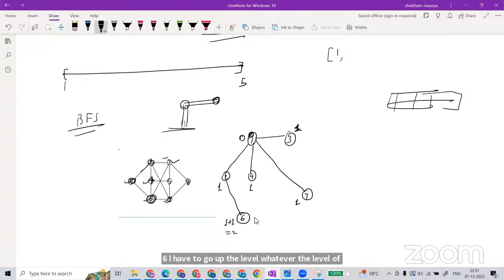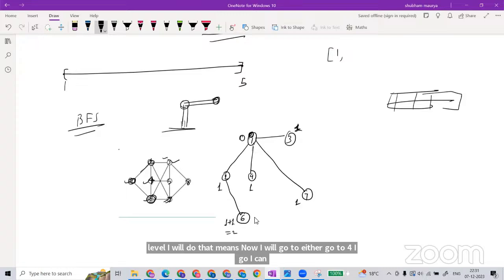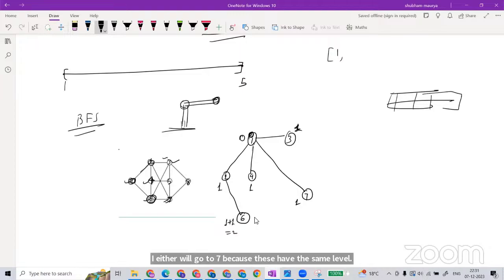Now I will go either to 4, or to 3, or to 7, because these have the same level. So I started from 1 and reached 2, and once I'm done exploring 2, I can visit 6. But from now I will not move on 6. I will go back here with the same level.